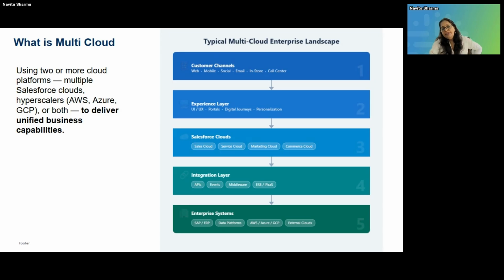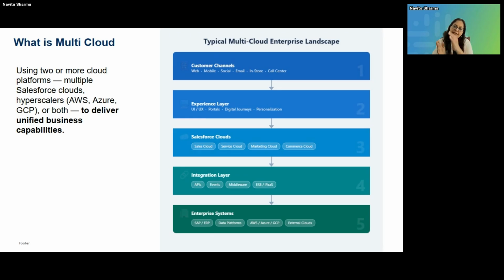And then we have different clouds which do the job, for example, sales, service, or marketing cloud for that matter. Then we have the integration layer, because in any enterprise system we are not just done with the sales and service cloud, because they are more of a customer experience cloud.